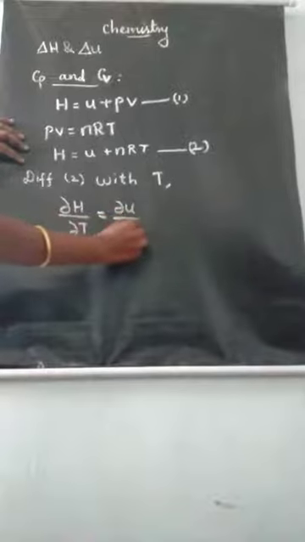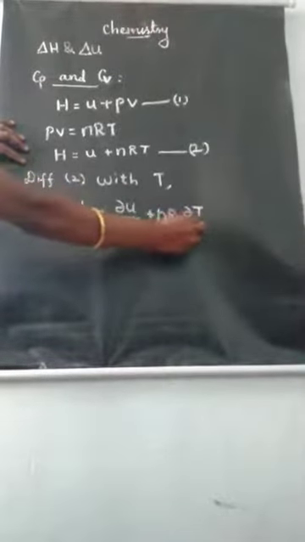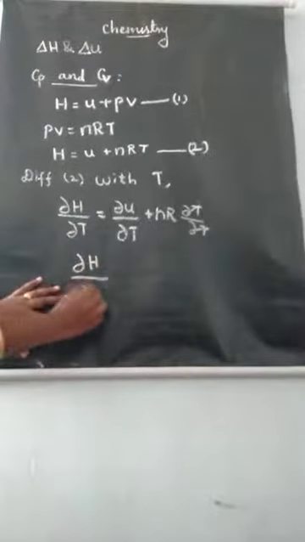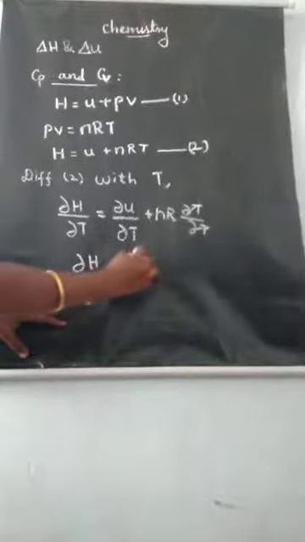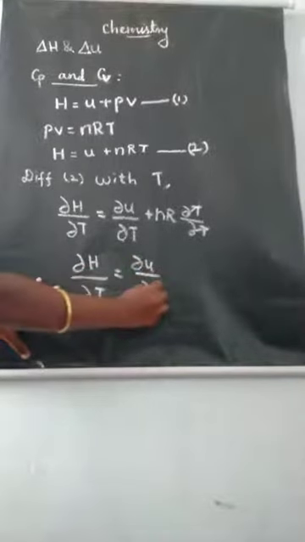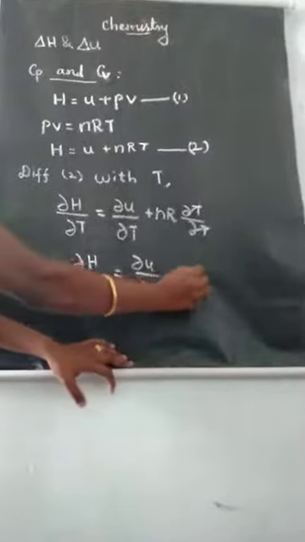So dou H divided by dou T is equal to, on the right side, dou U divided by dou T plus n into R into T. So dou T divided by dou T, you can cancel dou T and dou T. So dou H divided by dou T is equal to dou U divided by dou T plus n into R into 1. Understand?